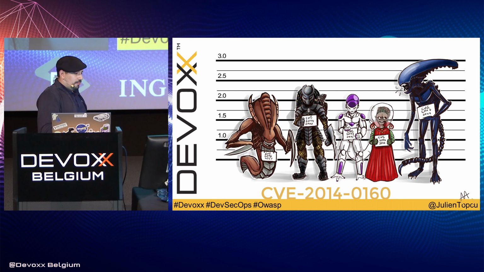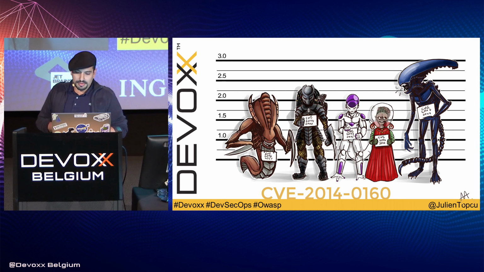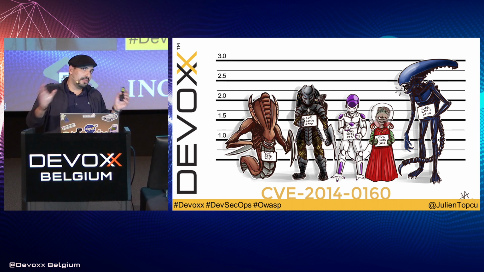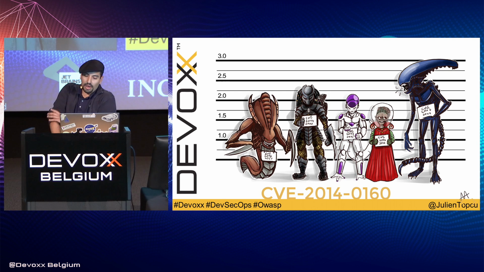And I know that most of the people there have never seen the face of one of those aliens, and this is what it looks like. So you should know that all publicly known vulnerabilities are gathered into a database, which is named the National Vulnerability Database, hosted by the US government.